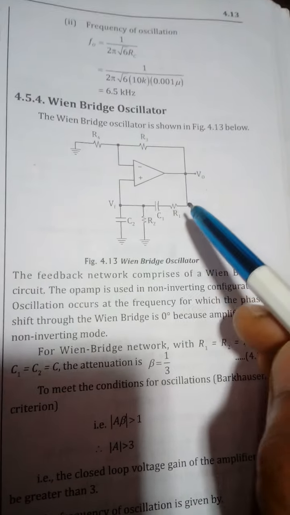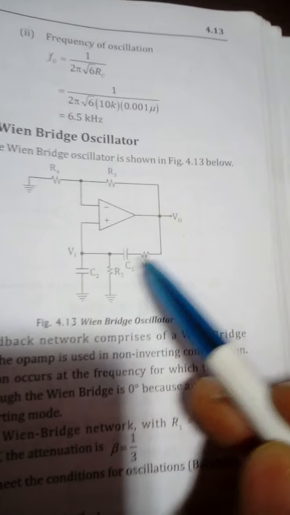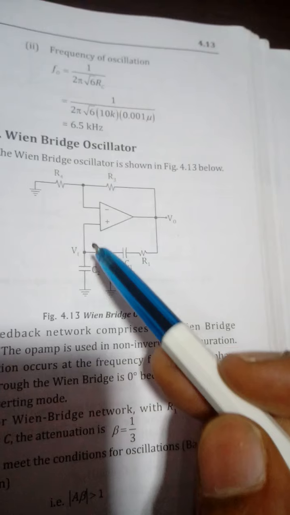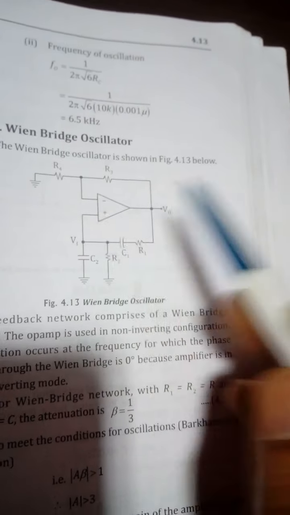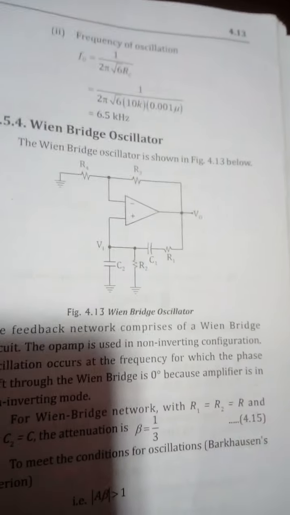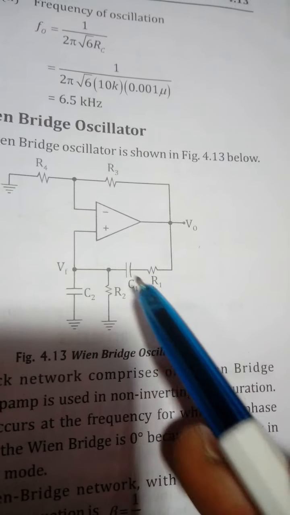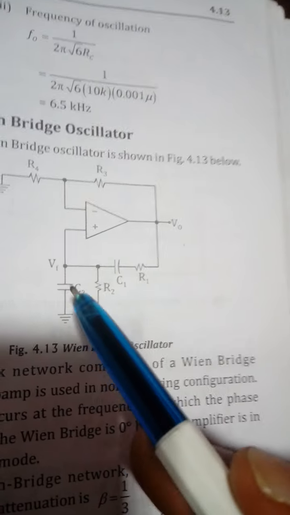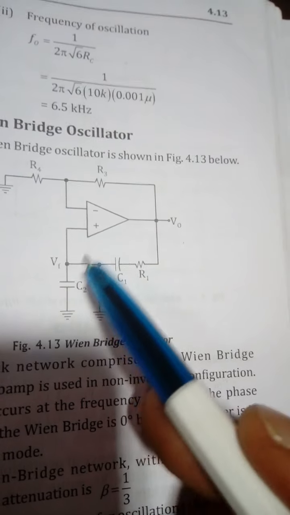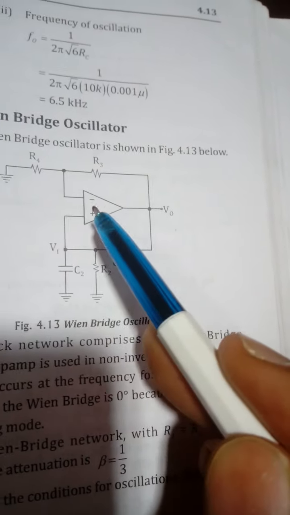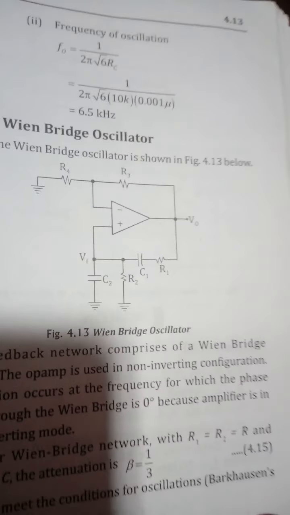And for the non-inverting terminal, what you do is you have the series combination of R and C and another parallel combination of R and C given as a feedback to the non-inverting terminal, right? They are calling this C1 and this C2. So C1 and R1 in series, C2 and R2 in parallel, in series with C1 and R1, and that is connected to the non-inverting terminal.